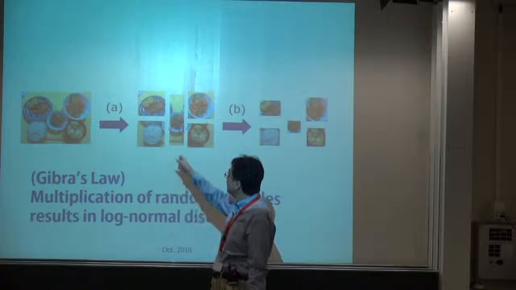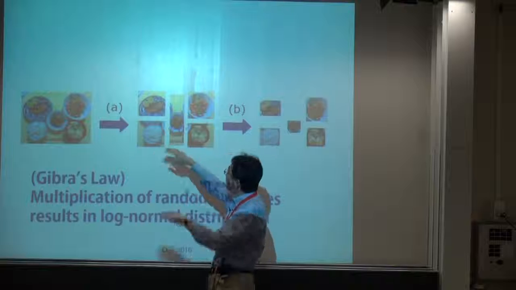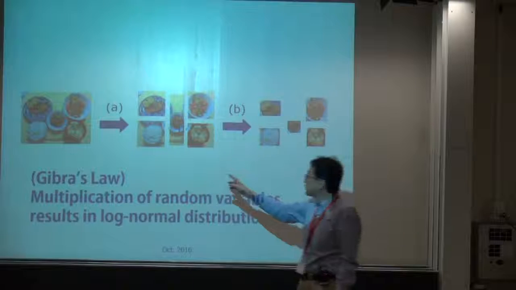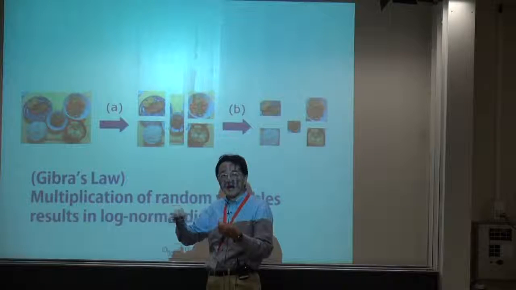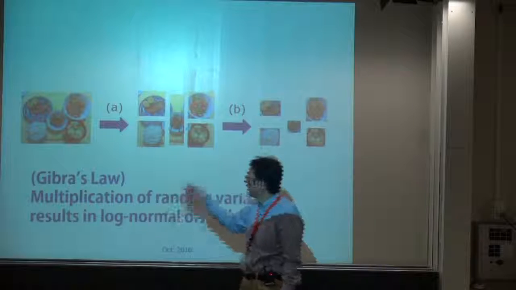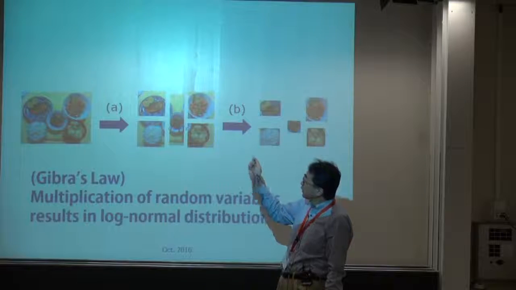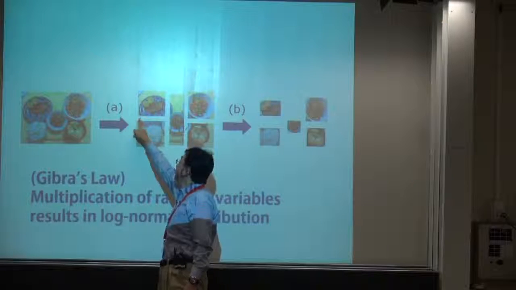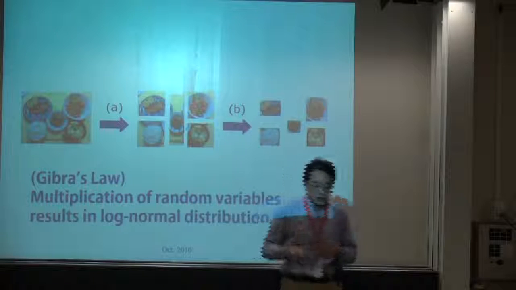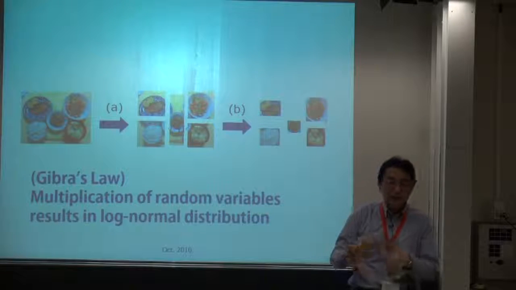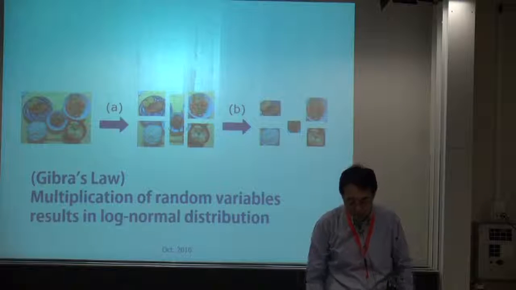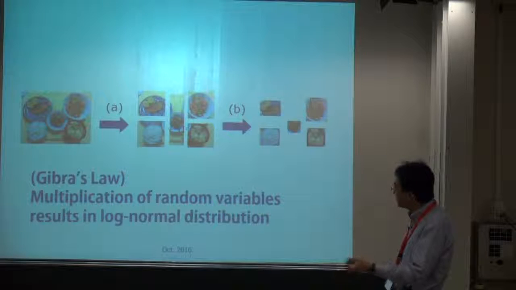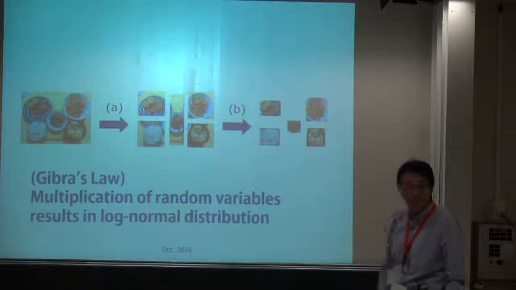Then segmentation is like dividing the image into smaller parts. Assuming this division happens uniformly, first we divide it here, then here, then here. Multiple divisions repeat in this process, so it's a multiplication of random variables, which results in a log normal distribution.